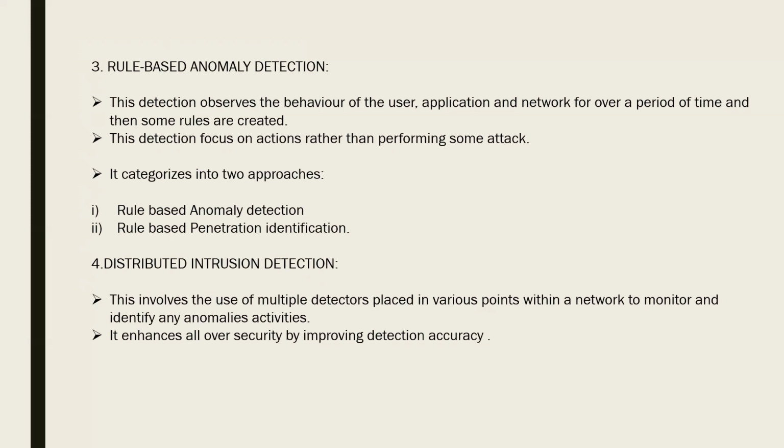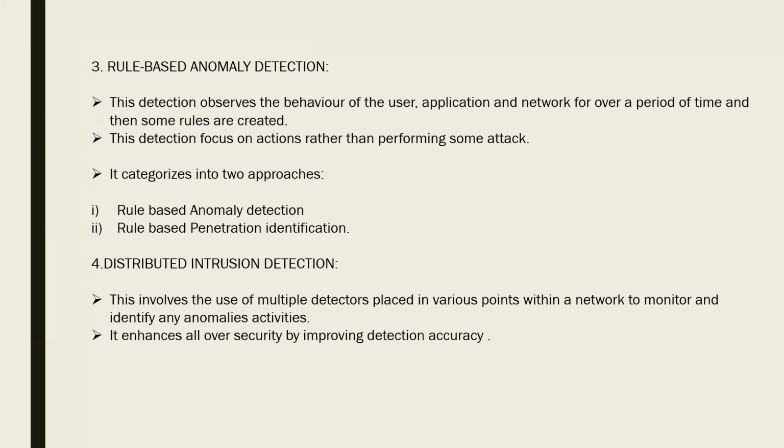If illegal actions take place, rules are created for this detection. It mainly focuses on the actions rather than the task performed. This is also categorized into two approaches: rule-based anomaly detection and rule-based penetration identification.